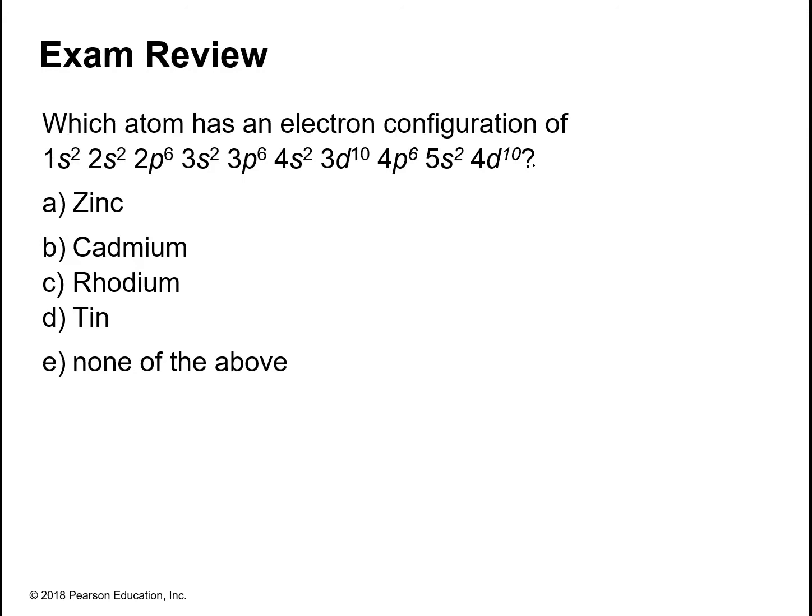It's not tin, it's not D. So write out the electron configuration for tin, and that's just going to be more practice for you. So for this question, I agree. It's letter B.